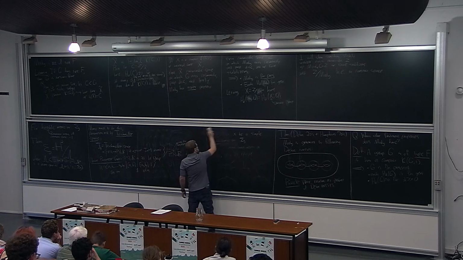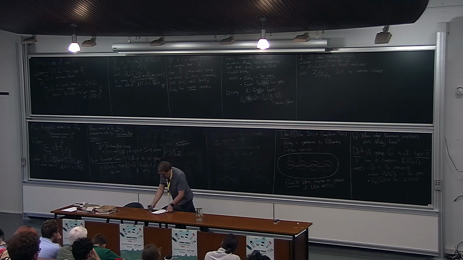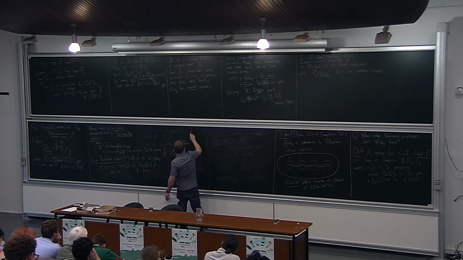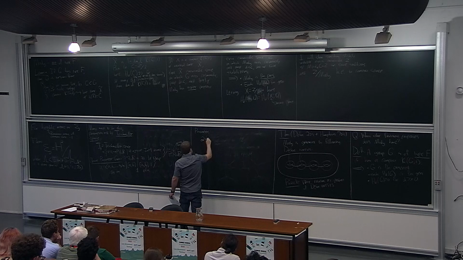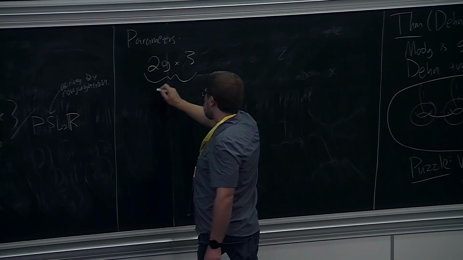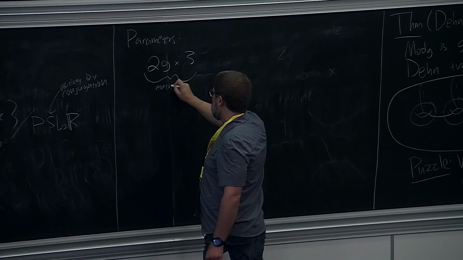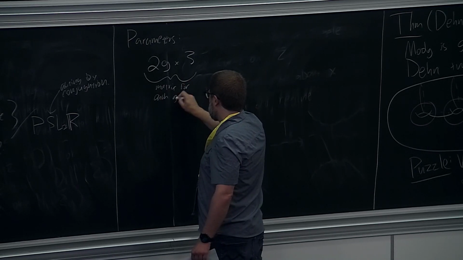And so the parameters are, well, you need 2G times 3. That's a matrix for each generator.